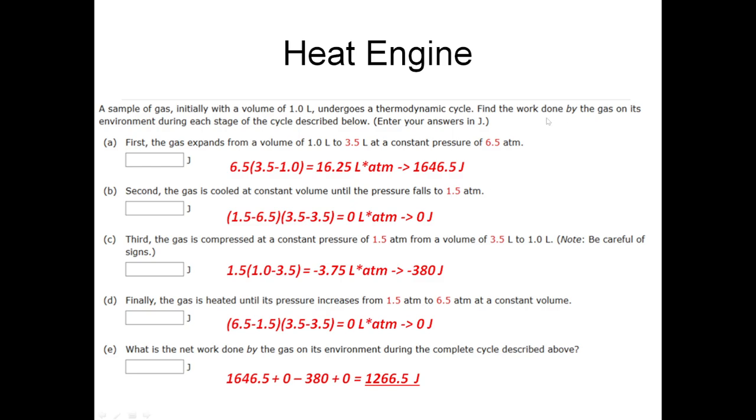So, in terms of the work being done by it, you'd get a negative answer here. Because from the piston's perspective, if you're solving for work done by the piston, work being done on it would be negative. So that would give us a negative 3.75 liter atmospheres, which would convert to negative 380 joules.